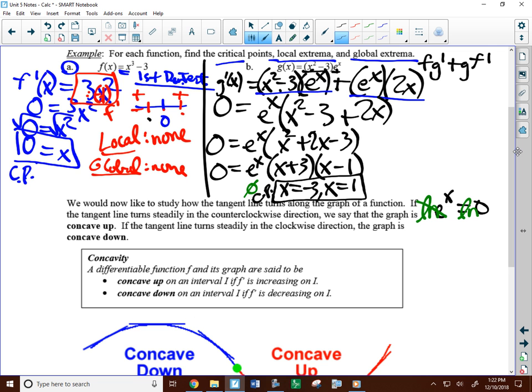Okay, and now to do the local extreme values. I'm just going to do the first derivative test, which is essentially when I do the number line. So -3 and 1. I'm going to choose some test values. Let's choose 0 in the middle, 2 on the right, and -4 on the left. Now, again, these test values always go in the first derivative, never in the original.